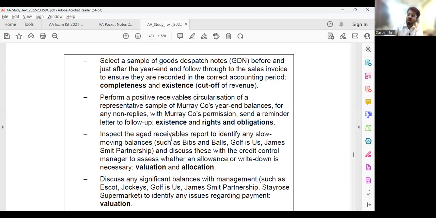The goods dispatch note dated 30th December, 31st December, those should be included in this year's sales. Those should have receivables in this year's balance sheet, because the goods dispatch notes are dated 31st December or 30th December. Don't miss out on recording them, and don't record them next year. They belong to this year, right?